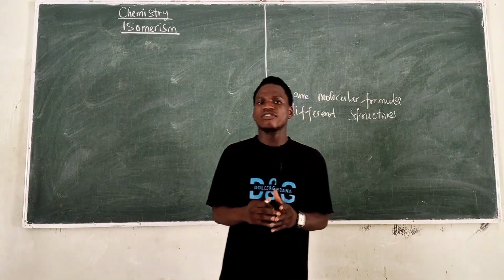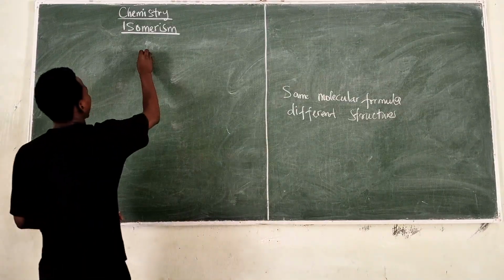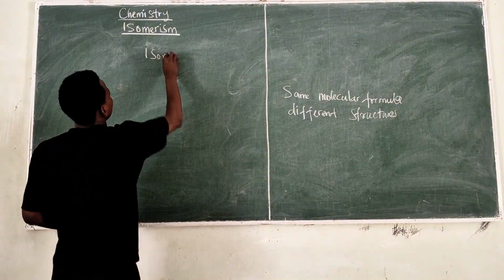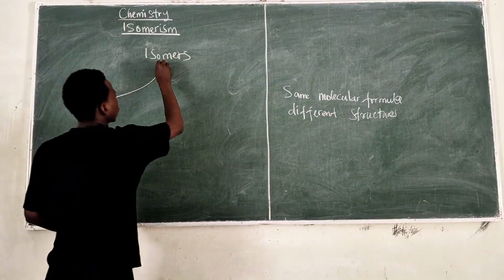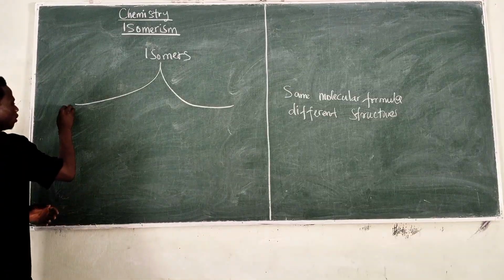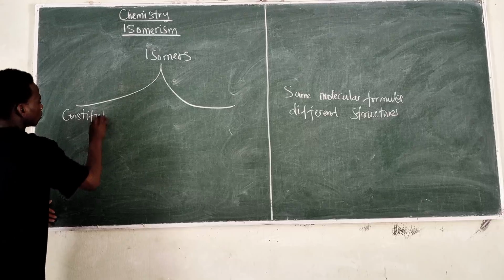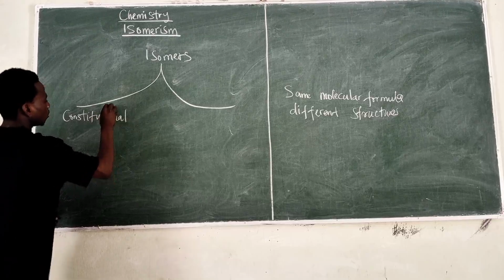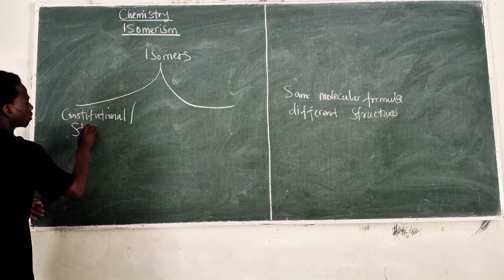Isomers are classified into two types. We have the constitutional isomers, or also called structural isomers.